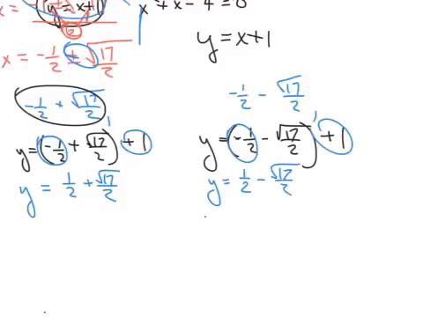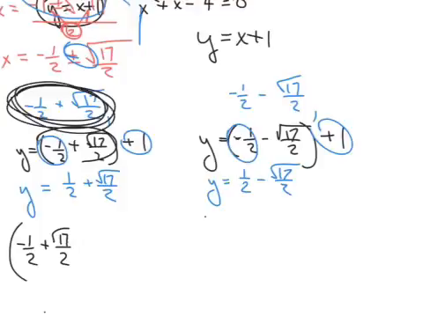Okay, so here's my answer. On the left hand side, my x value was negative 1/2 plus the square root of 17 over 2. Right here. That was my x value. My y value from right here, so that's one of my answers.